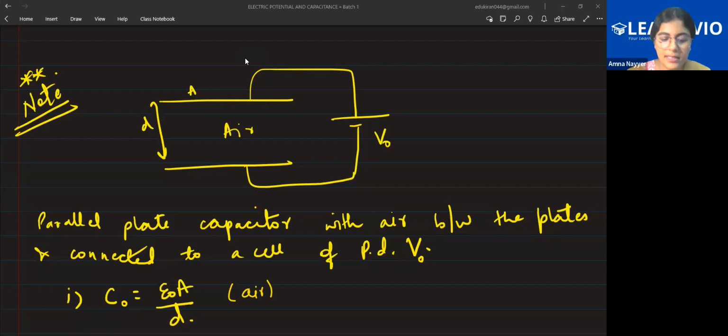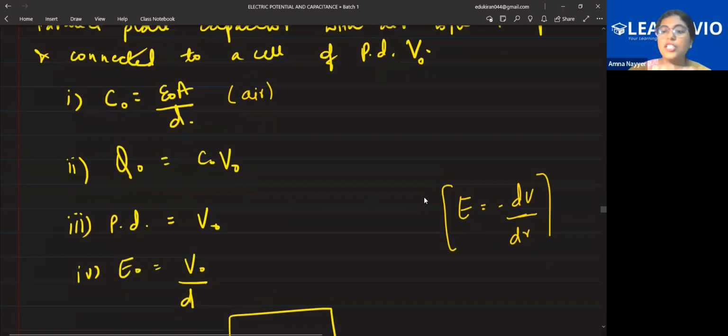You have a capacitor, right? Capacitors have a certain formula. The capacitance of a parallel plate capacitor is epsilon naught A by D. Then the charge is present.